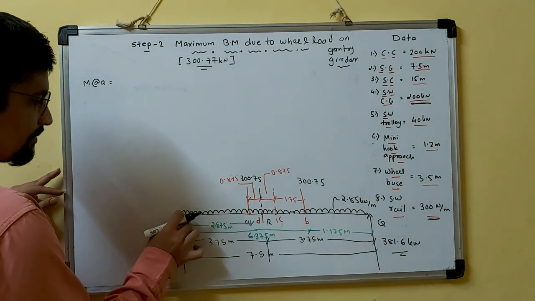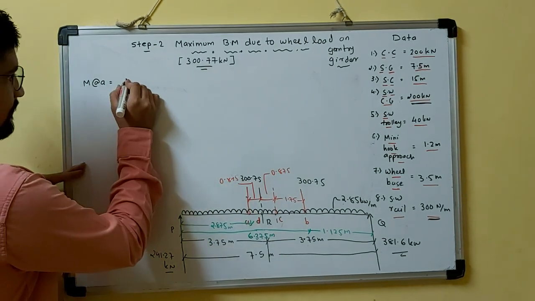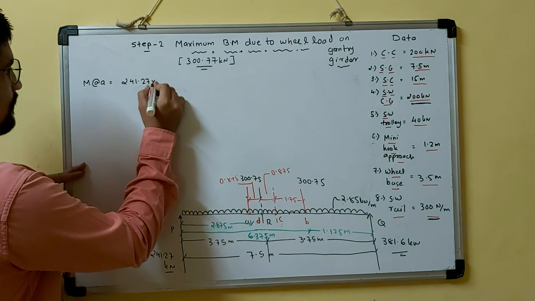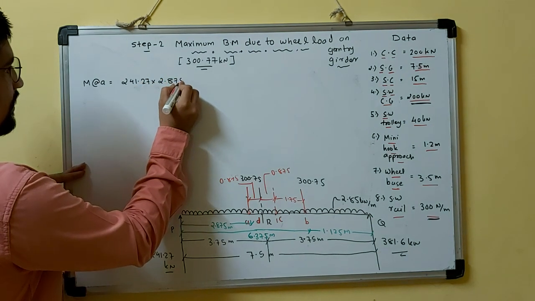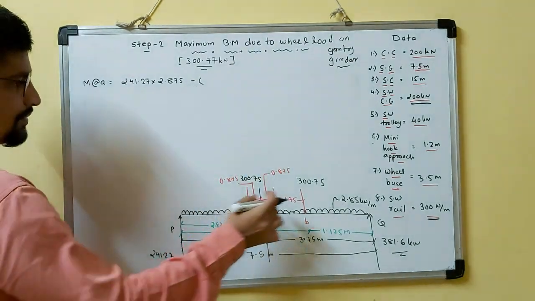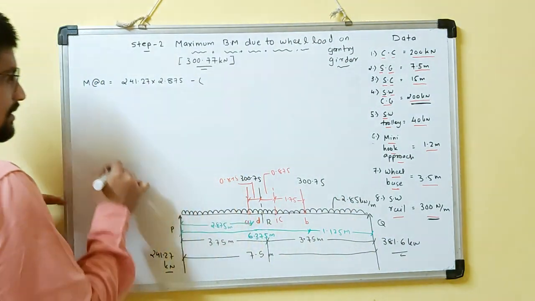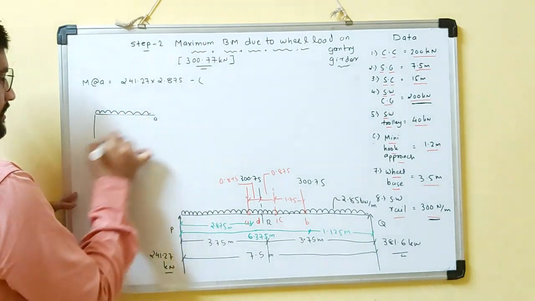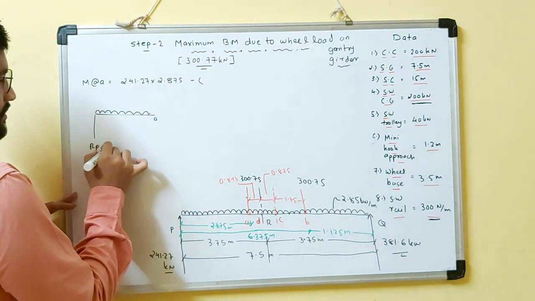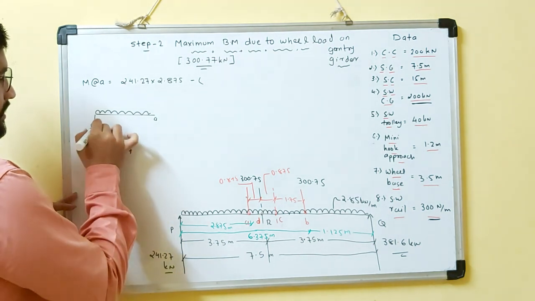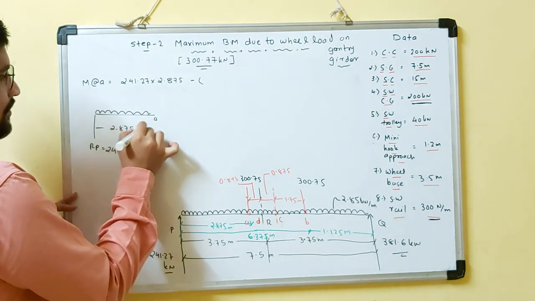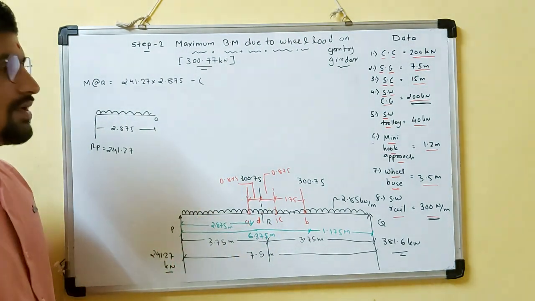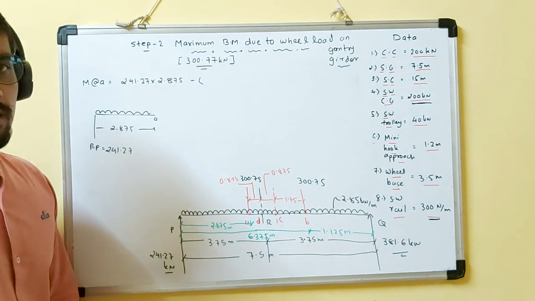So 241.27 into 2.875 minus 2.85 here. This is A. This is RP, 241.27, and this is 2.875. We do not need to consider the point load occurring on A because we need to calculate the moment up to A, not over A.